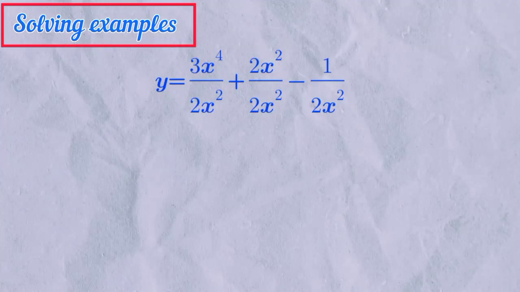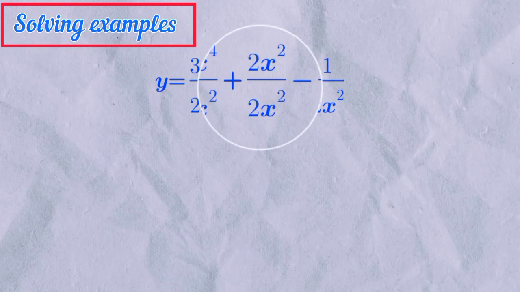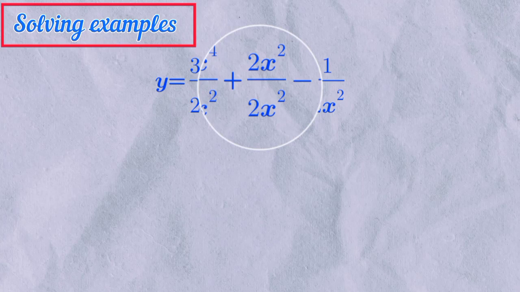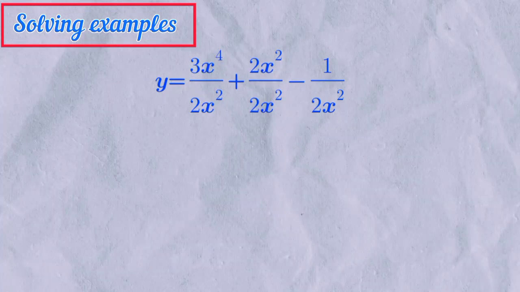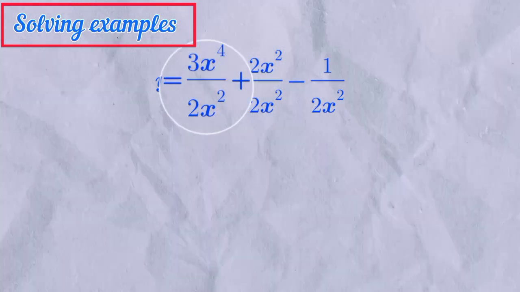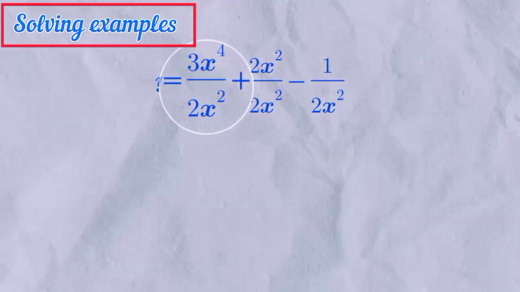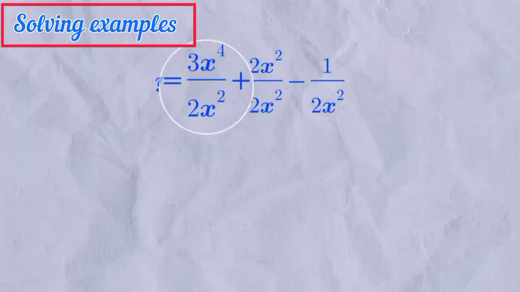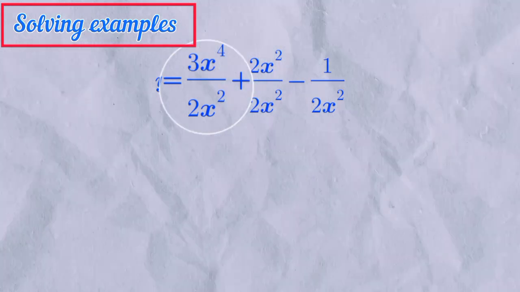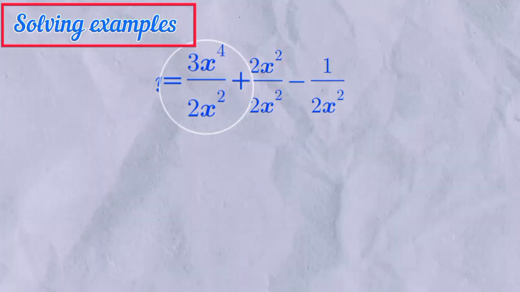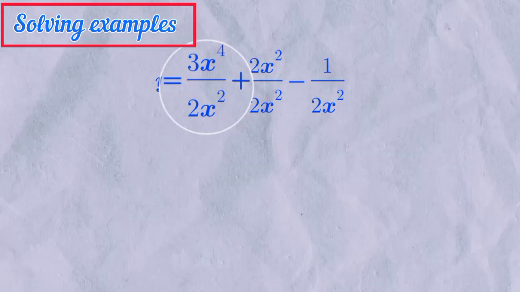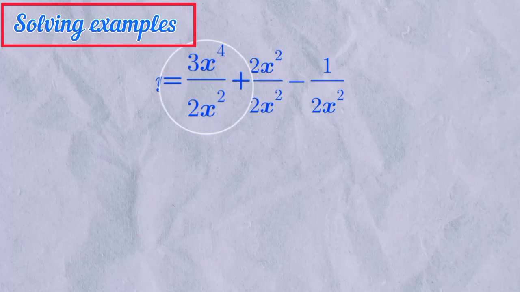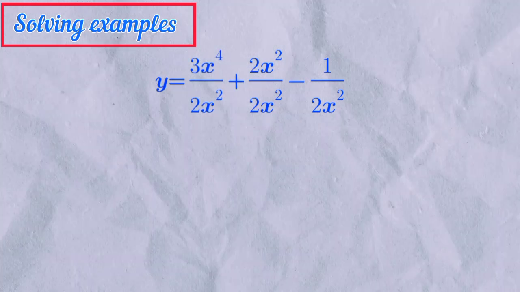Now, if you look in the middle, we have 2x raised to the power of 2 divided by 2x raised to the power of 2, so they cancel each other, leaving us with just 1. Now, on its left hand side, we have 3x raised to the power of 4 divided by 2x raised to the power of 2. Now, using the laws of indices, the power 2 can go up and subtract from the power 4. So we have 3 over 2 x raised to the power of 2.